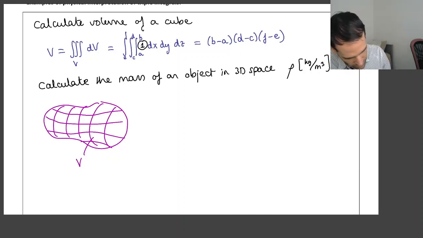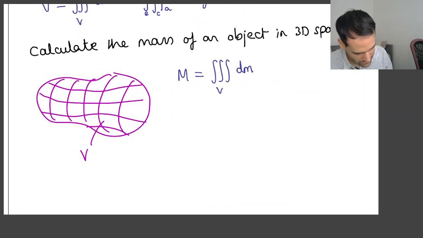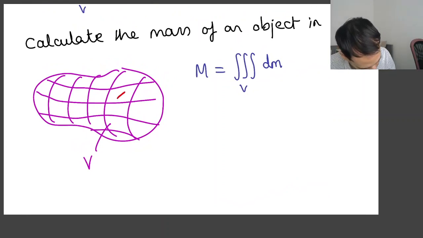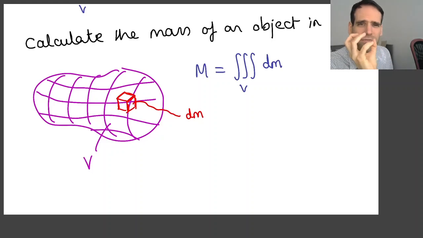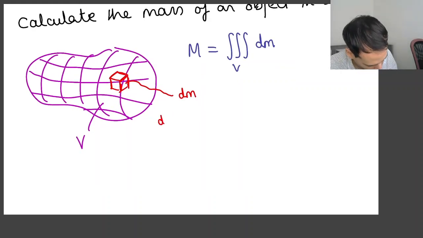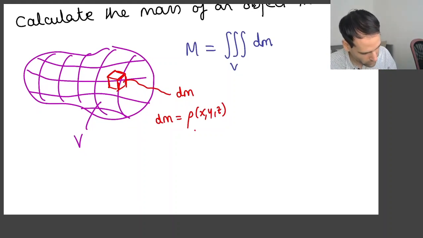So now the total mass is going to be equal to the triple integral along the volume V of the differential mass. And what is the differential mass? Well, that's like imagining that you select a tiny differential cube, and this differential cube has a mass dm. Since this cube is differential, you can assume that dm is simply the density evaluated at the point corresponding to the cube times the volume of the cube, which is dx times dy times dz.